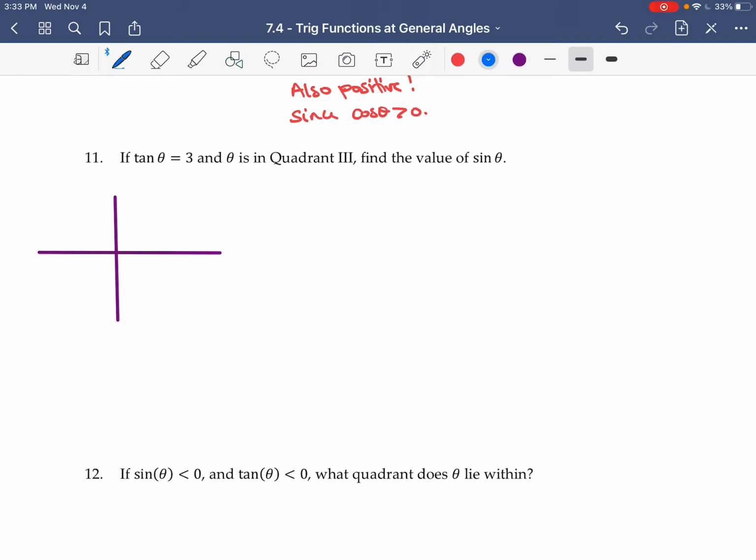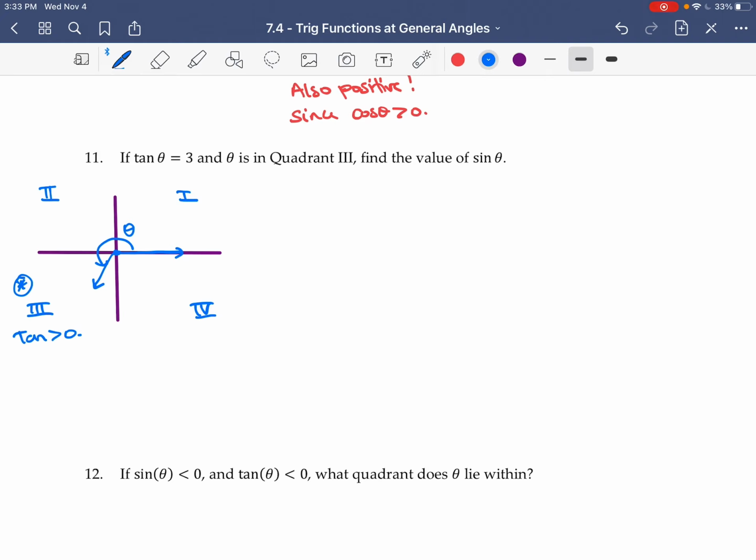We have quadrant 1, quadrant 2, quadrant 3, and quadrant 4. We know that theta is in quadrant 3, which makes sense because tan is positive there. So it could look something like that. That is our angle, theta.